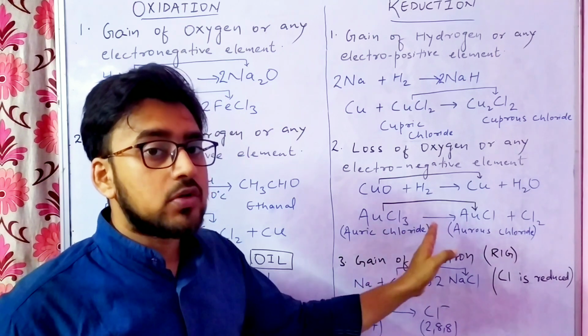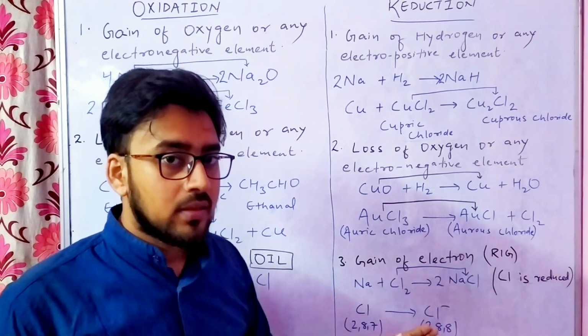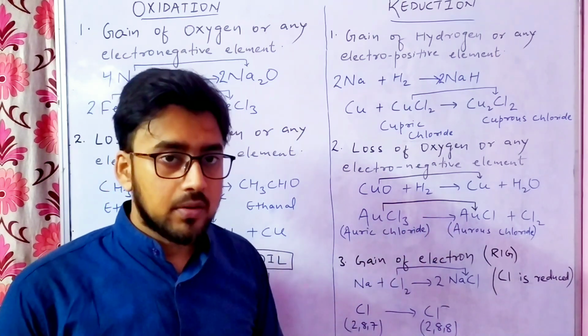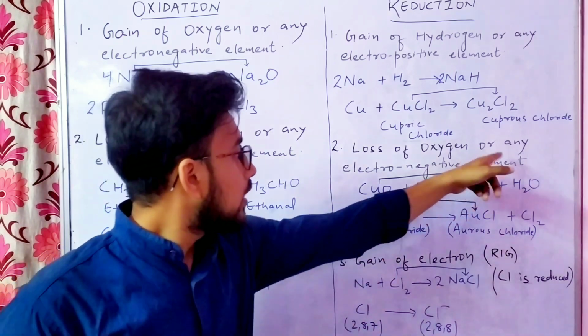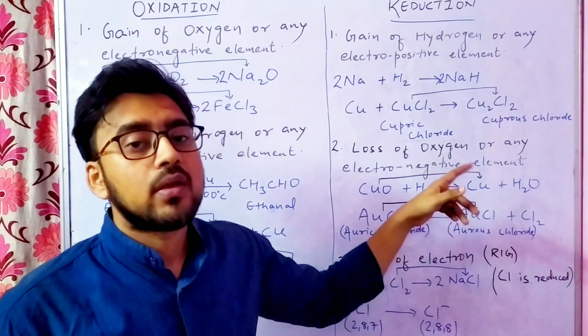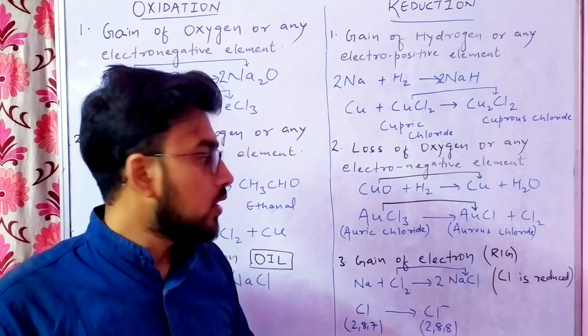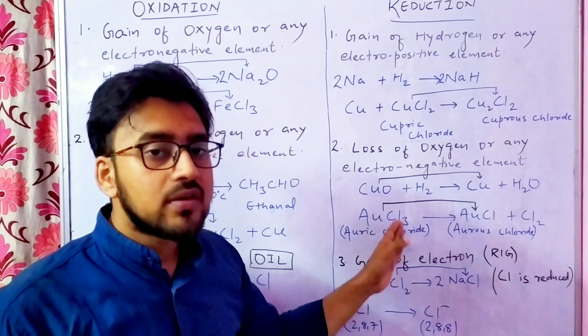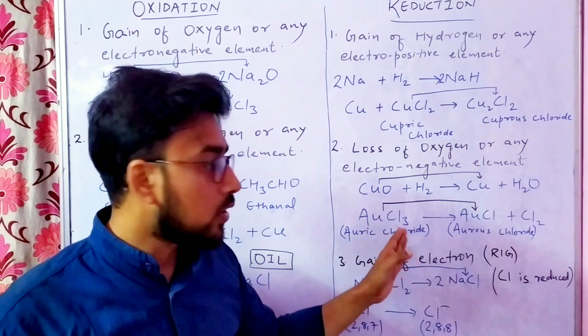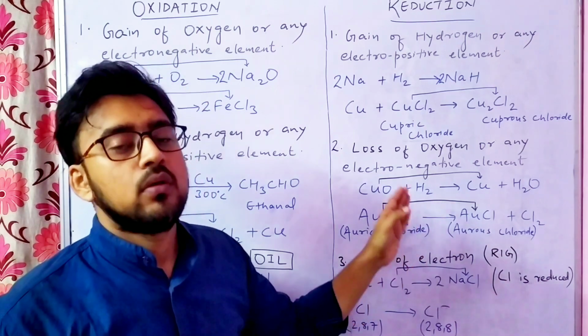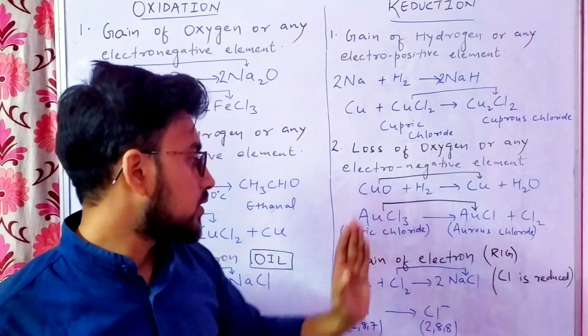And you know chlorine is an electronegative element. So wherever there is loss of electronegative element, you can say that reduction is taking place. So AuCl3 is reduced. Why is it reduced? Because two chlorine atoms are removed from AuCl3.